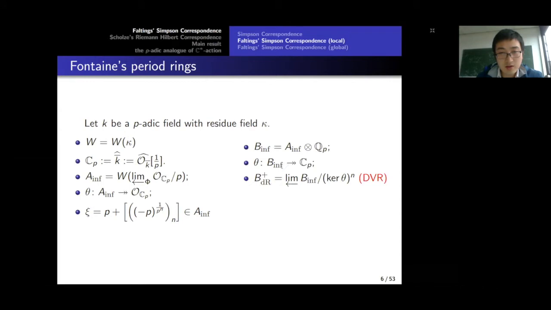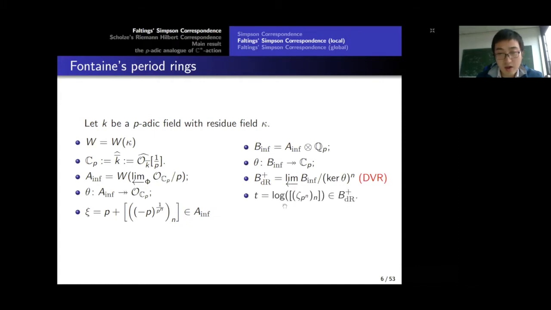Because this theta is surjective to a field, and the kernel is generated by a single element, this completion is just a discrete valuation ring, and the maximal ideal is generated by this Xi.